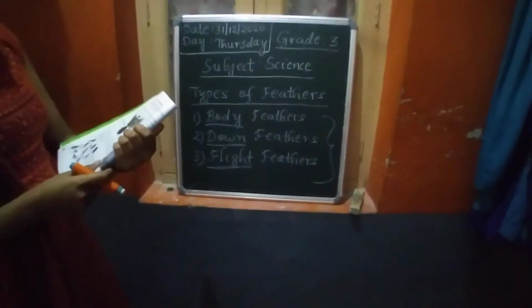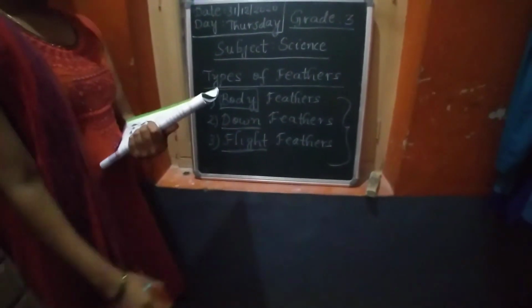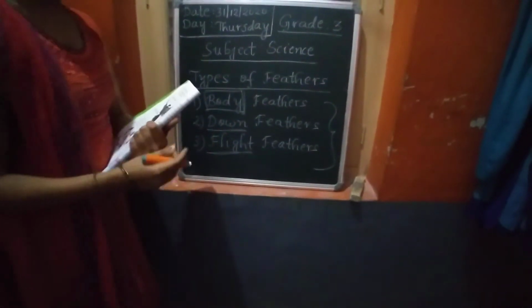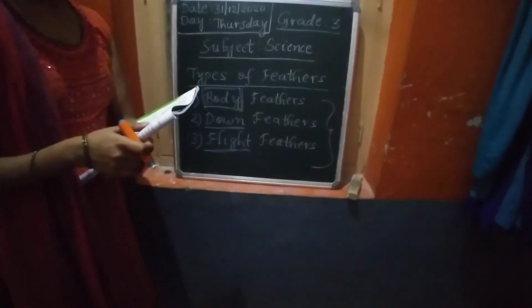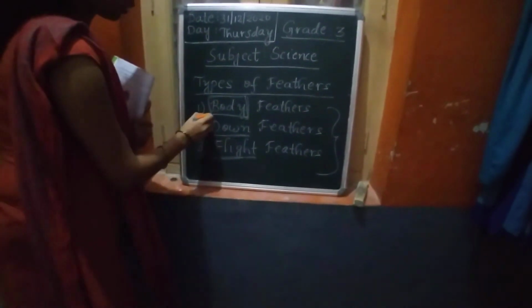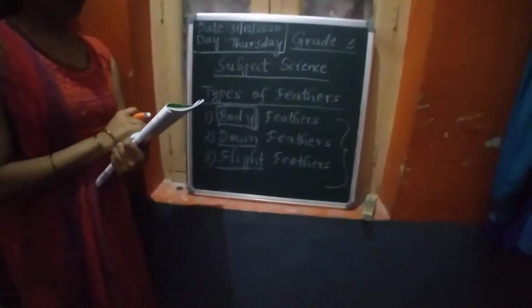Now let me tell you. First one is body feathers. Body feathers are colored feathers which cover the whole body of a bird. Why it is being called body feathers is that these body feathers are also called colored feathers, and these feathers cover the entire body of the bird.